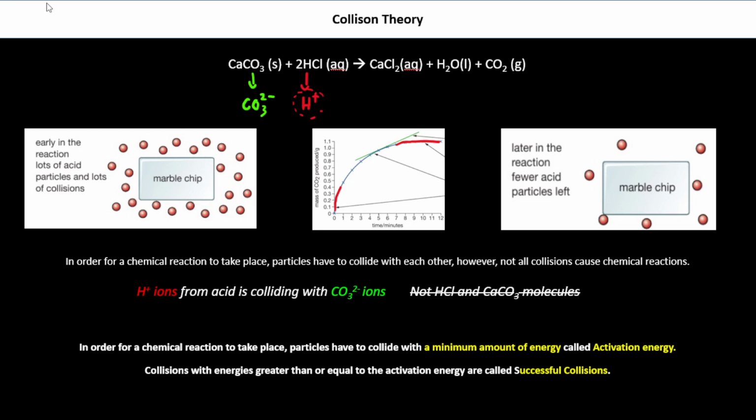Because calcium carbonate, remember, it is put in excess. Alright, so from HCl, the H+ ions are being used up, and that is why there will only be fewer acid particles, meaning that there will not be a lot of successful collisions. That's why the reaction becomes slower at the very end.